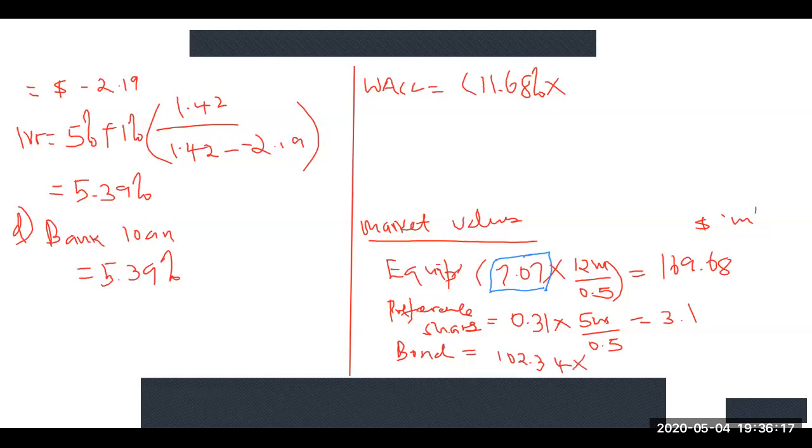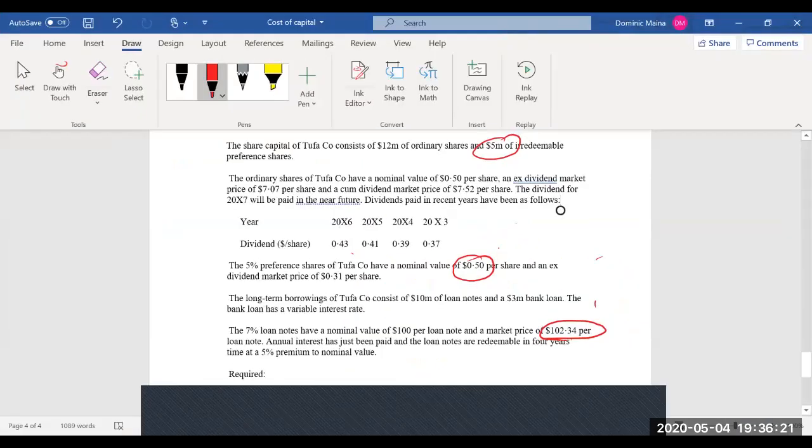Going back to the question, you'll be told that the borrowing is 10 million as a note and 3 million as a bank loan. So we are concerned with the note, 10 million, the total nominal value. One note or one bond has a nominal value of 100.